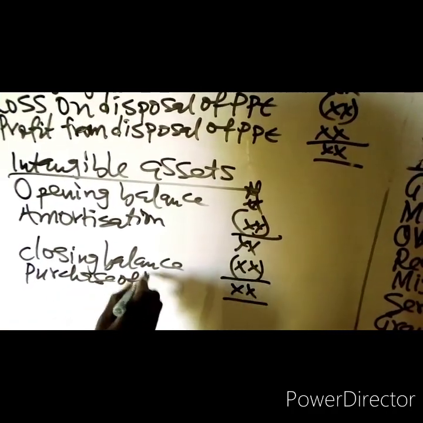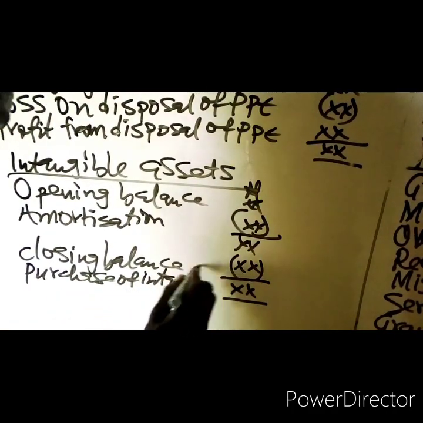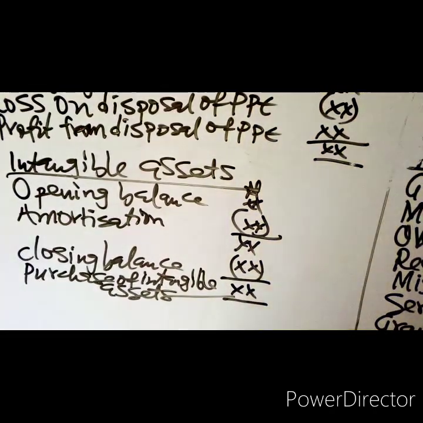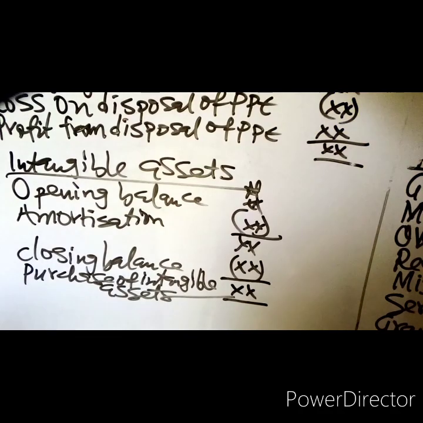Purchase of intangible assets. So you apply similar things to other non-current assets. So that is under investing activities. Don't forget, I've told you that the moment you get to investing activity, what you should check is the movement in the non-current assets.